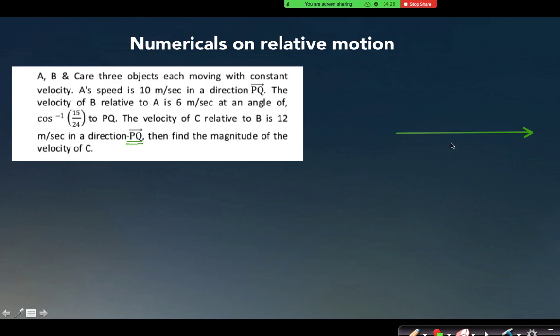Let us assume this is a PQ line. PQ line may be any direction. I can assume this to be the x-axis also, no problem. Any direction can be assumed to be the PQ line. Velocity of A is along PQ, 10 meter per second. So what can I say about the velocity of A?